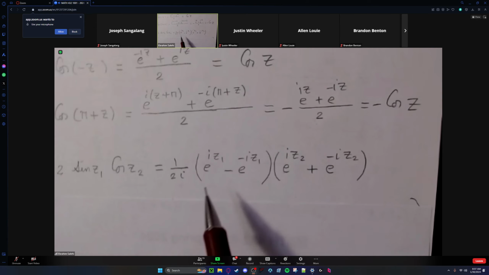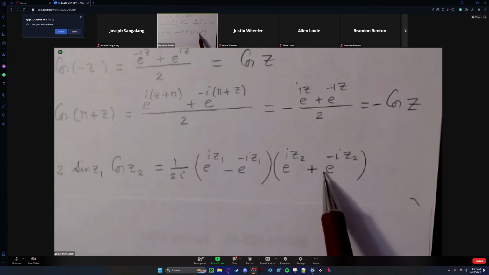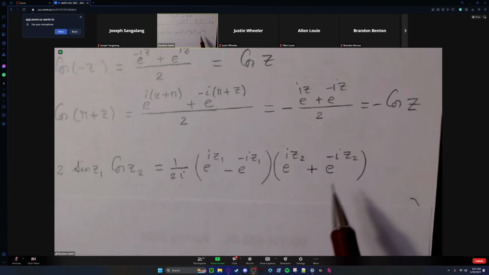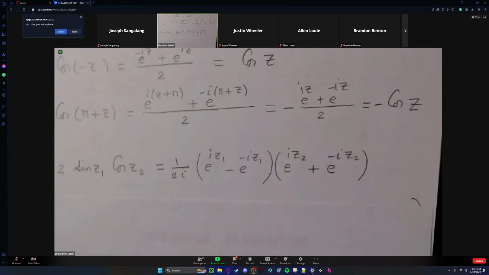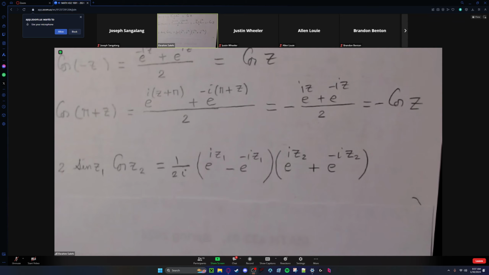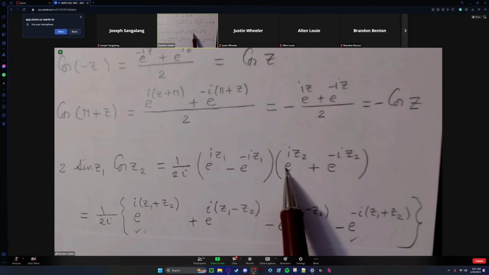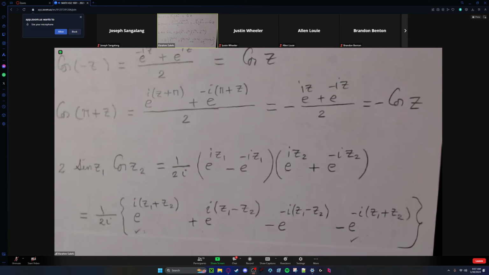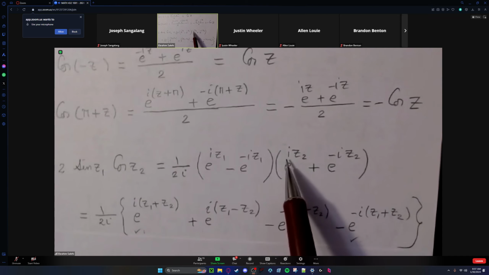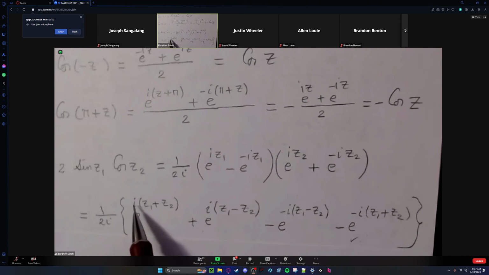Well, now I'm going to multiply this out. And in multiplication, of course, I'm going to use that exponential property of the exponential function. So here is 1 over 2i. This multiplied by this one, you get the same base, you add the exponents, you'll get iz1 plus iz2. I will factor i.